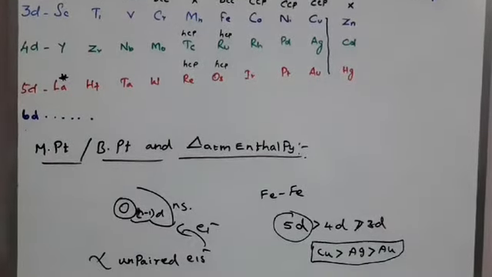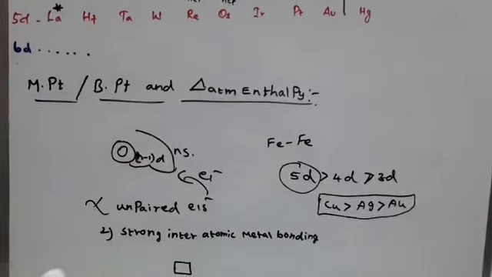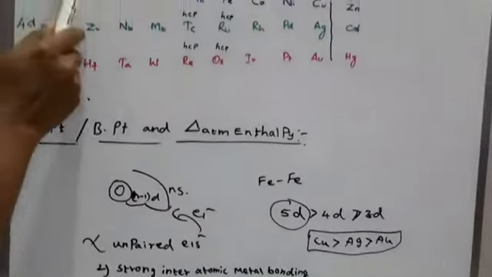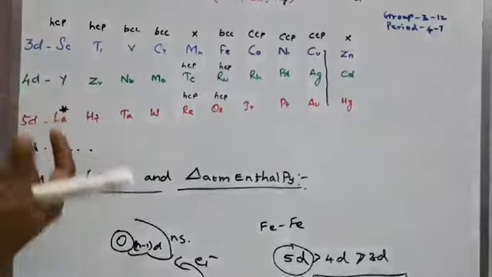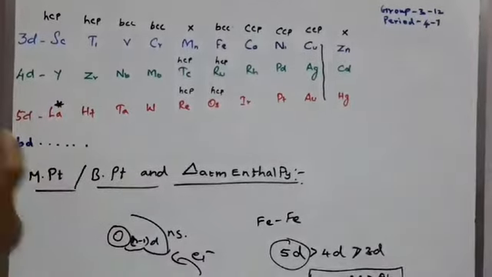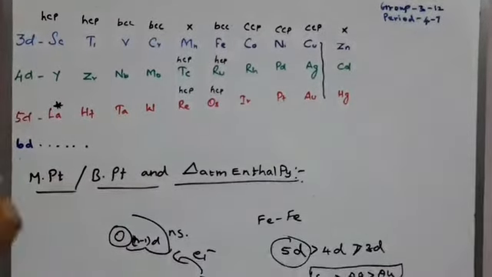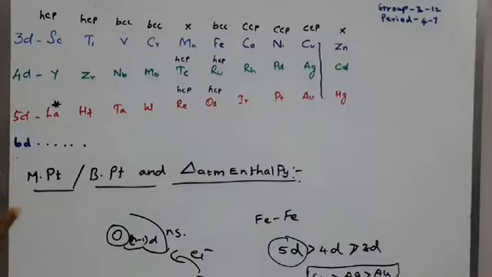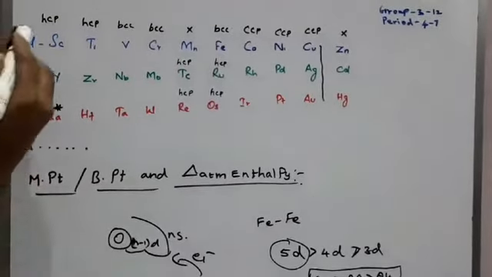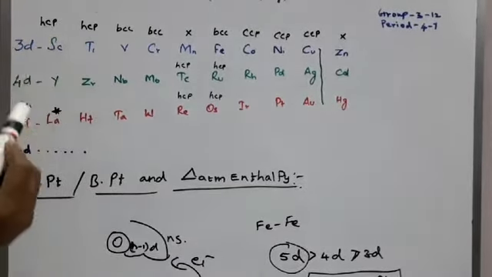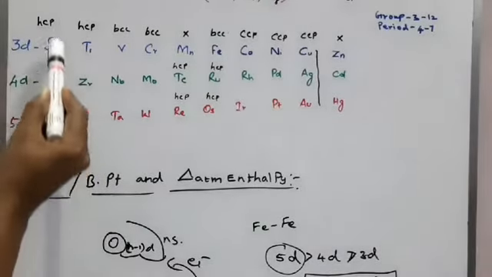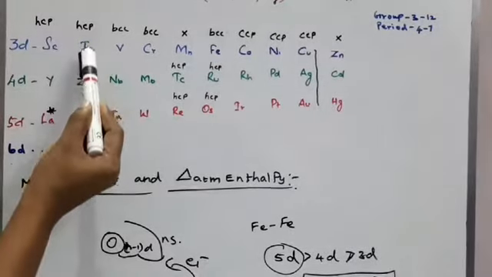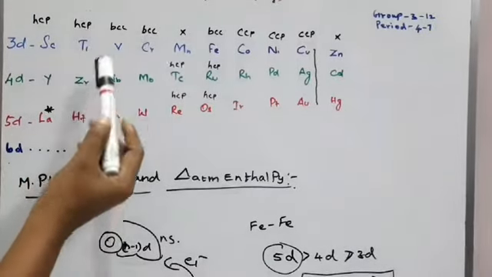Here I have written HCP because it is a solid form and contains an arrangement of lattice. HCP means hexagonal close packing. For all the 3d and 4d elements, this is the hexagonal close packing arrangement.